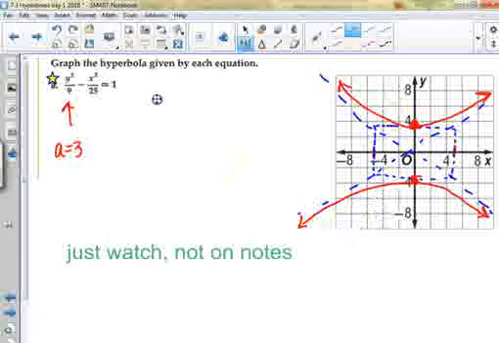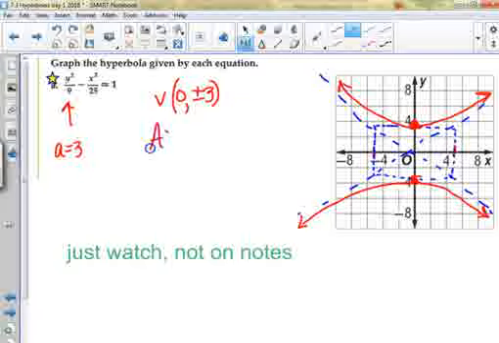All right, the things you would need to tell me are the vertices, which were up here at 3 and -3. You would need to tell me the asymptotes. Now, I'm going to let you write the equations of asymptotes in point slope form. Anybody remember point slope?